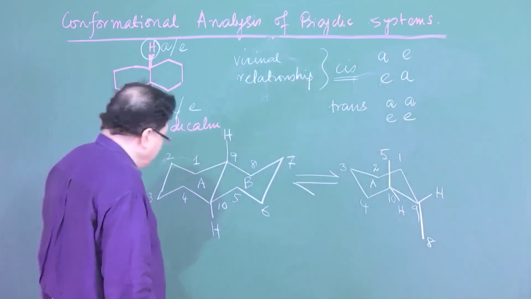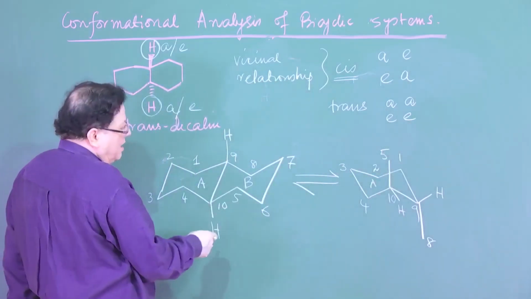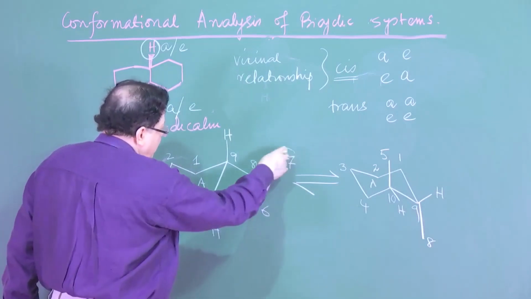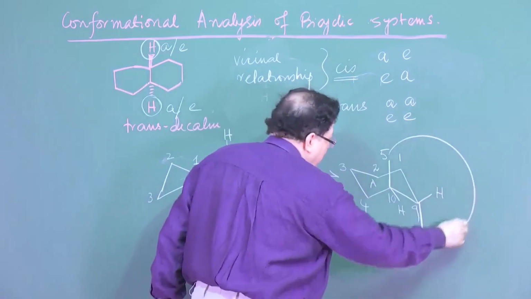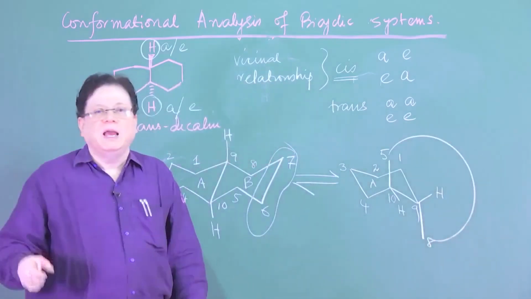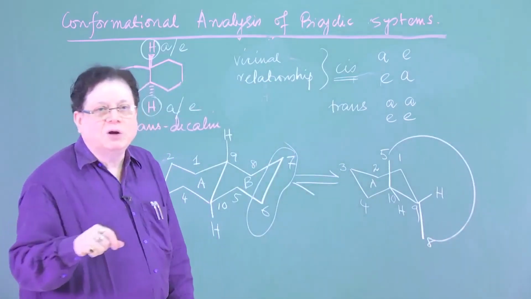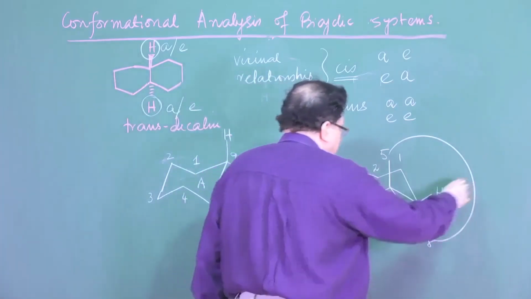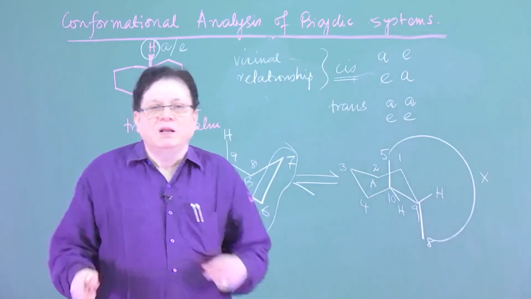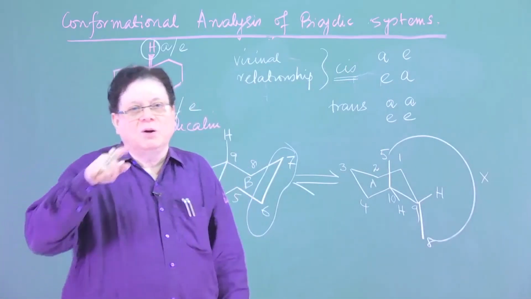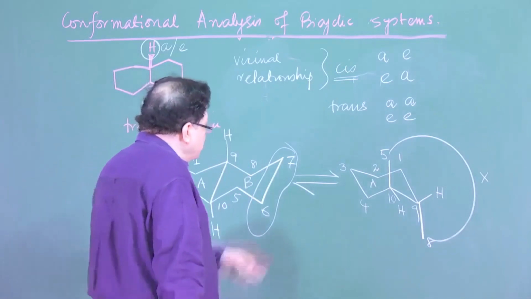Now, what you have at your disposal is basically 2 other carbons, 6 and 7, and you have to make this ring connect C5 and C8 via 2 carbons, which is not possible. Okay. This is not possible because they are wide apart. You need a larger chain to complete the formation of the ring.